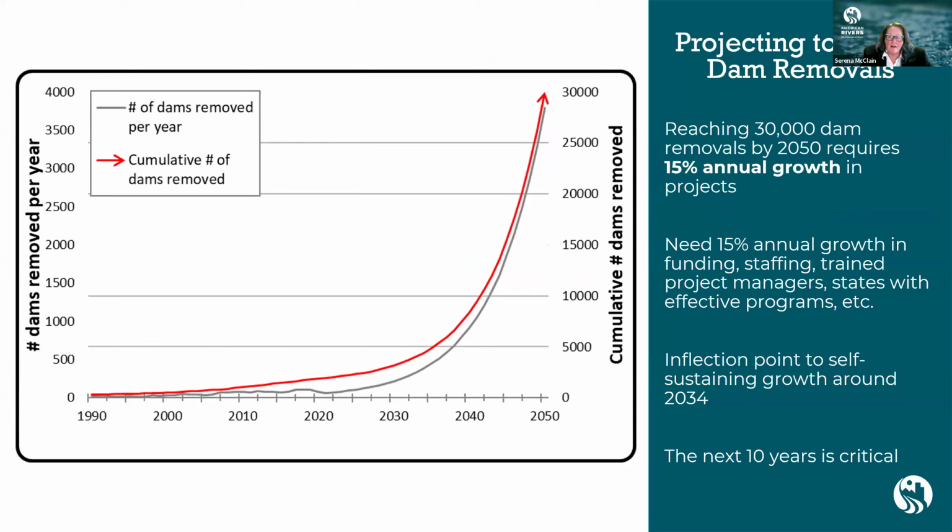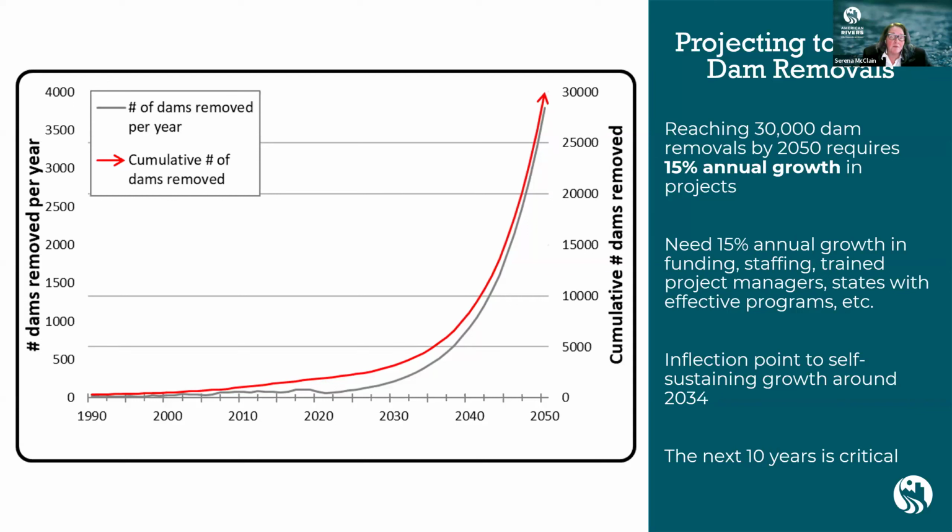We took the chart of dam removals that I showed previously and projected it for exponential growth. And I do want to point out that what looks to be a straight line here, if you were to really zoom in on the detail, growth isn't always linear, right? And I think if we were to project growth over the next 25 years, you'd see a lot of ups and downs.